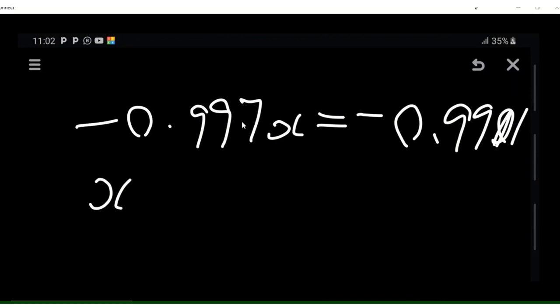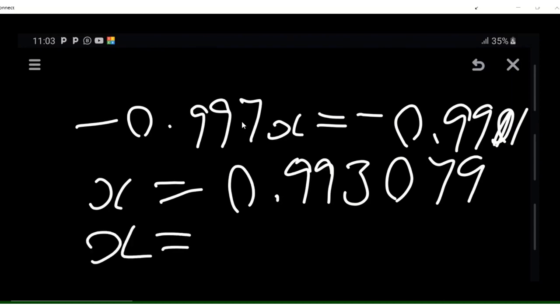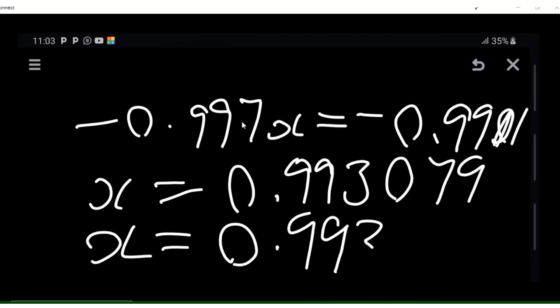So it's giving me x is equal to 0.99307. I will write more decimal places to get an accurate answer. So when I round it off to 4 decimal places, I'll get x equal to 0.9931.